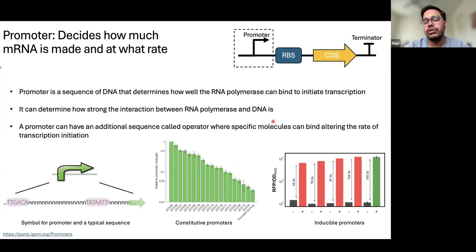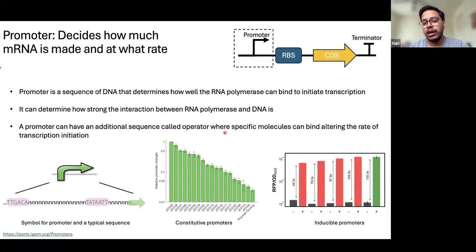If we don't have a strong interaction, we will have a lower probability of the RNA polymerase binding. And once the RNA polymerase is bound, the promoter will decide how much RNA is being made and at what rate, because the sequence of the promoter can also affect the rate at which the RNA polymerase binds and initiates transcription.